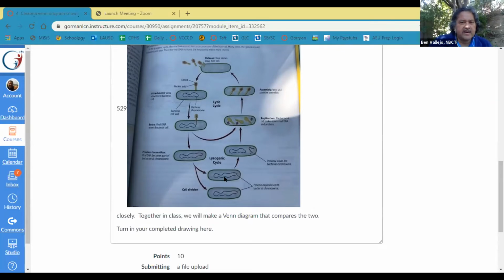Every time the bacteria DNA replicates, it also replicates the virus DNA. So it's a tricky way for the virus to make more and more copies of the virus DNA.